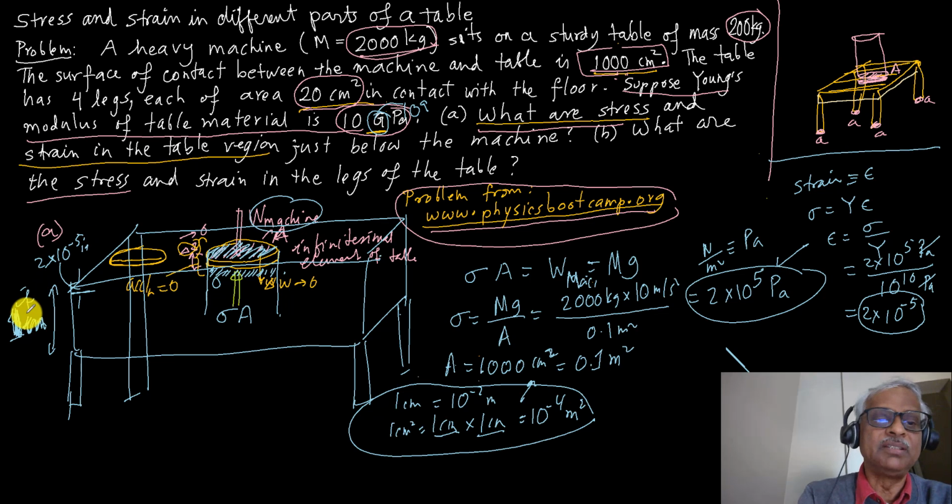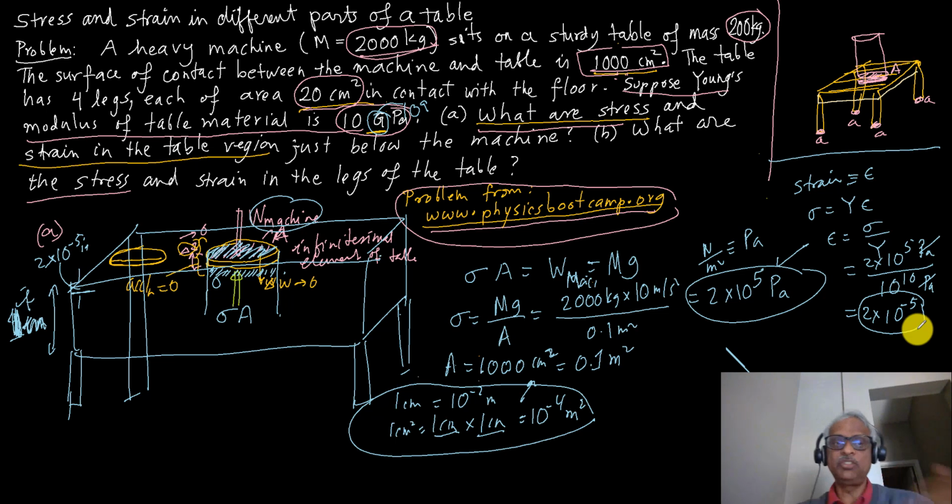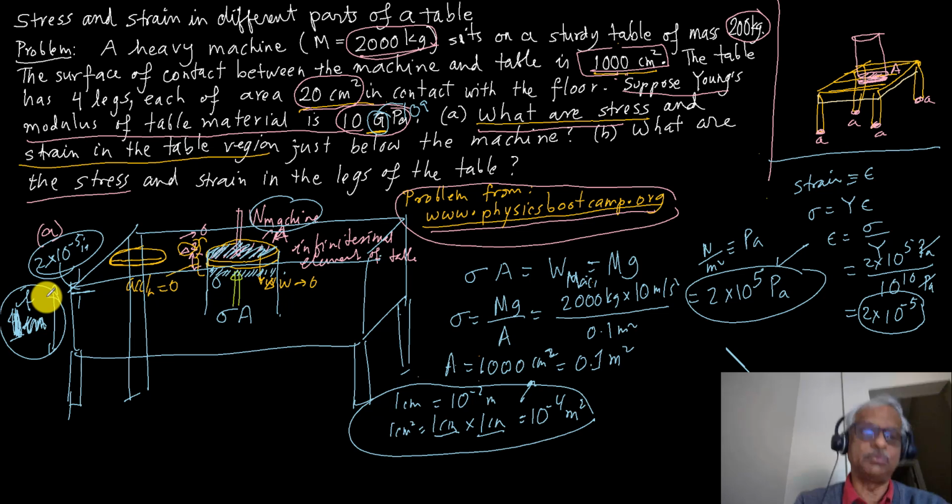It's going to be dipped by that much. So that's what this means, the ratio of how much it got dipped to how thick it was.